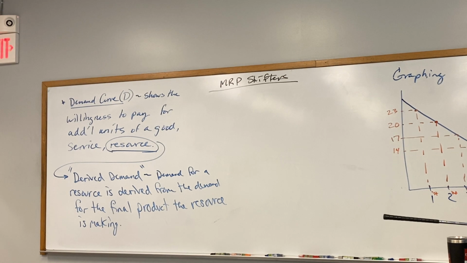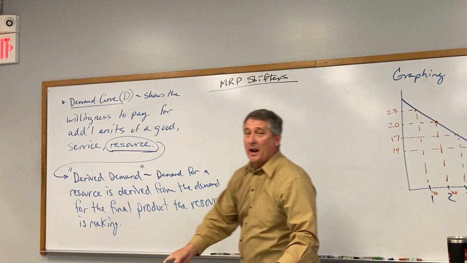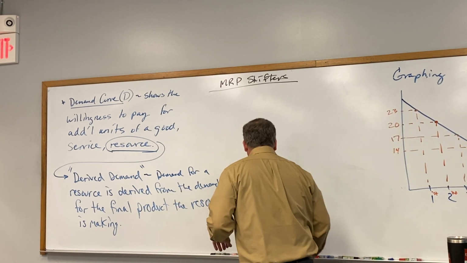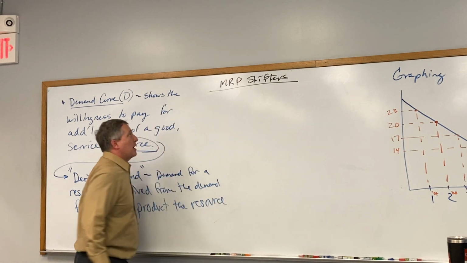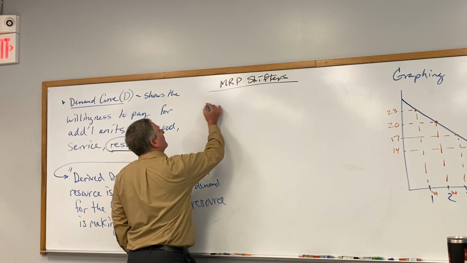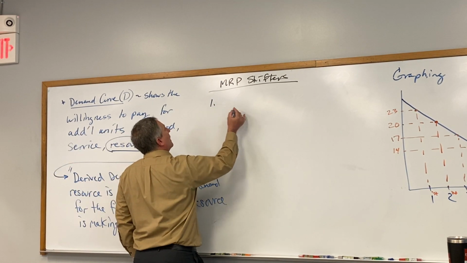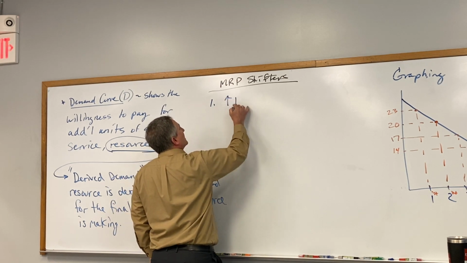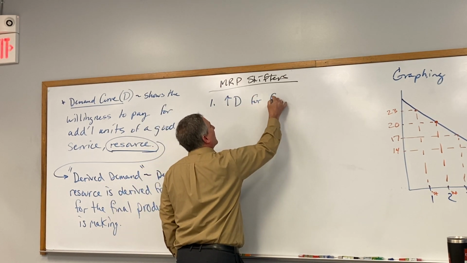Yeah. Increase in demand. Increase in demand of what? The product. Okay, so there has to be an increase in the demand for the final product, right? So whatever it is they're making, if it's hamburgers, then that would shift them as well. So number 1, an increase in demand for the final product.